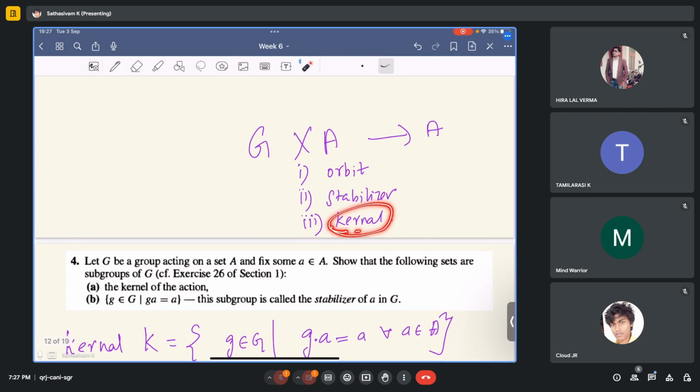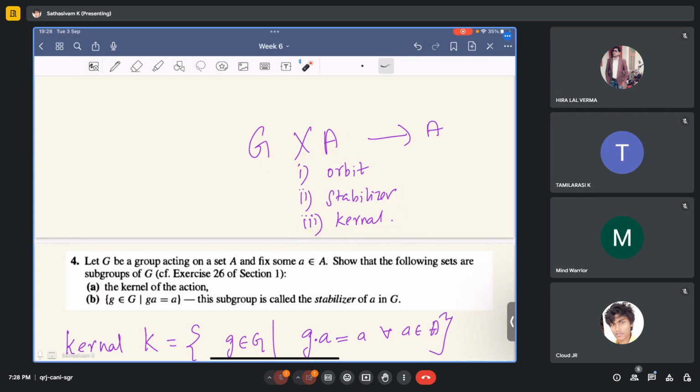This kernel and stabilizer are basically subgroups of G, and orbit is a subset of A. Orbit need not be a subgroup. Orbit is a subset.